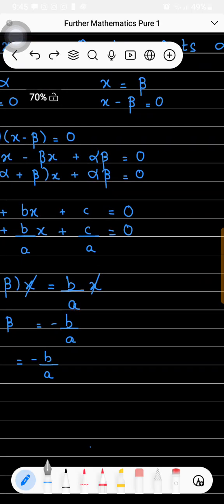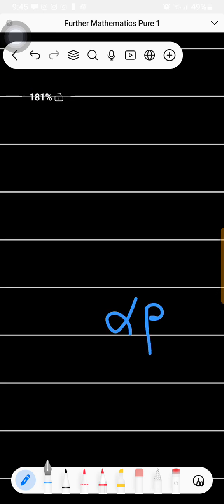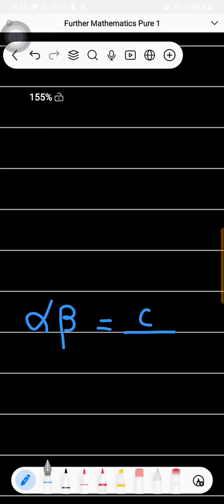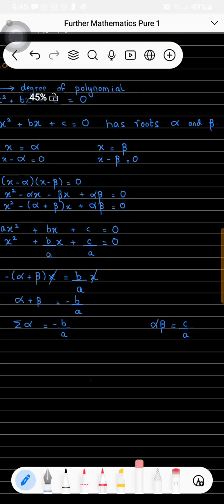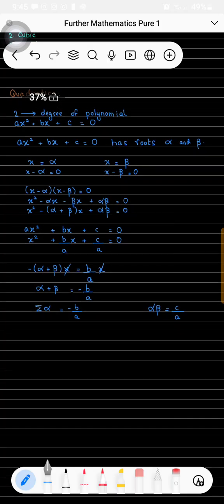So we got the second formula, that alpha beta equal to c upon a. So we are ready with the formulas here. These two are the formulas which will be used, and I am also introducing one more formula which will also be used. If we have any other formula, I will tell you later.